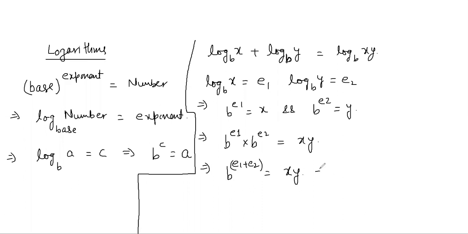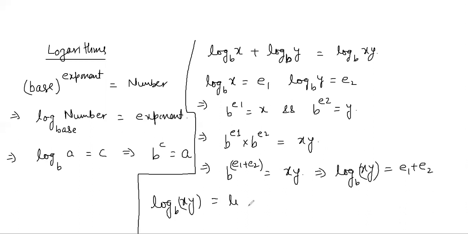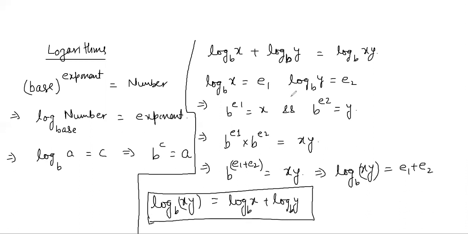It also means that log of b base xy will be equal to e1 plus e2. Now the value of e1 plus e2 can be substituted from here. So log of b base xy is equal to log of b base x plus log of b base y. Okay. So if anybody is having any doubt in this, please ask.